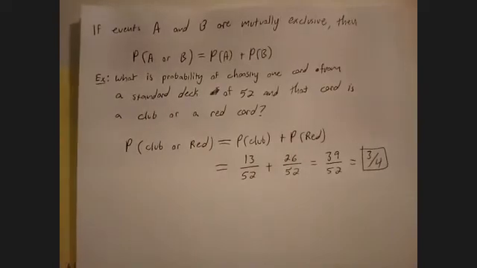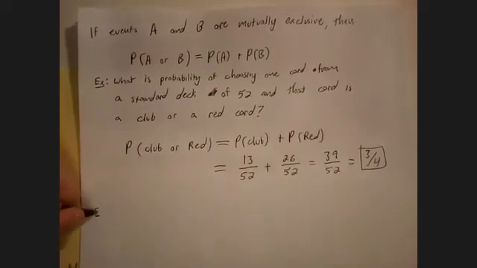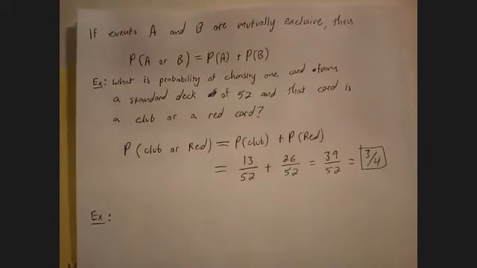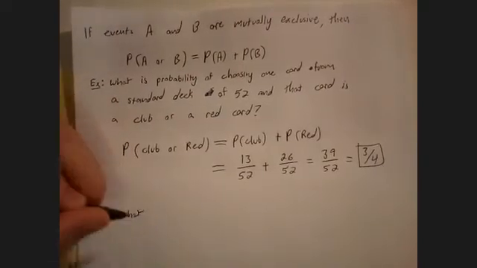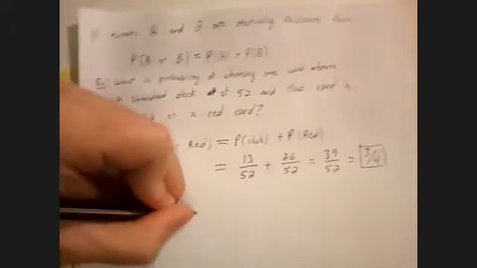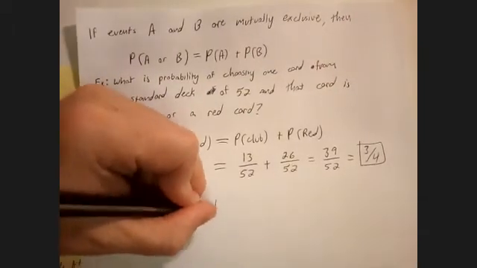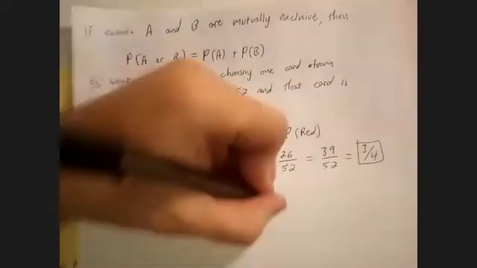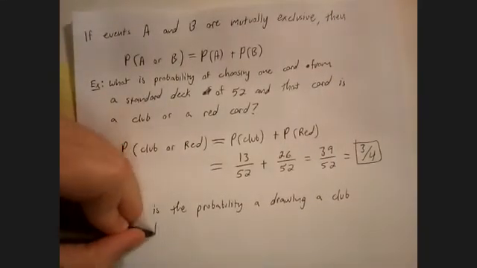The second example from the notes was one that was not mutually exclusive. So what is the probability of drawing a club or a king?